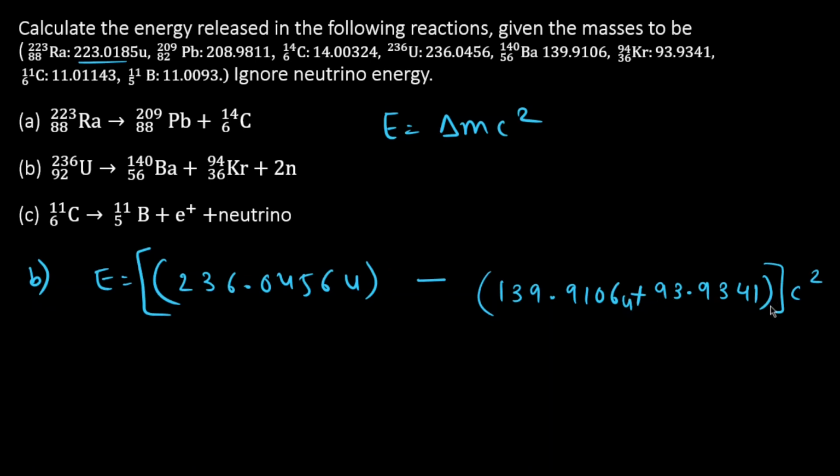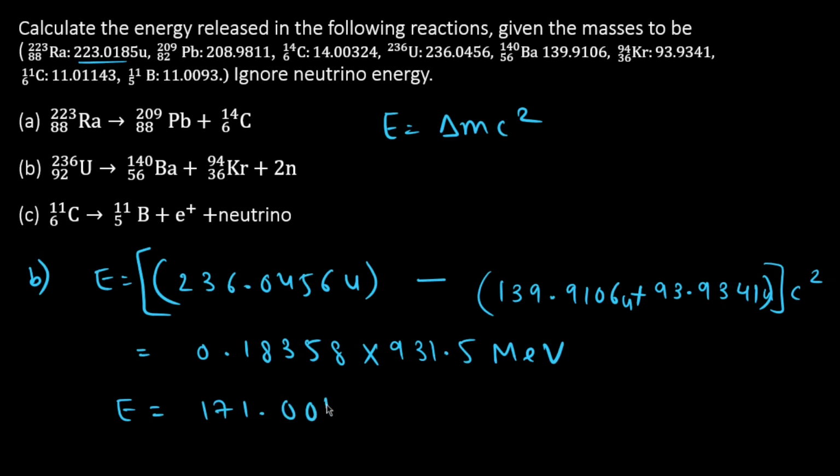Solving this we get 0.18358 into U C square, which is 931.5 mega electron volt. So the energy that we get is 171.0047 mega electron volt. Let's see the third one.